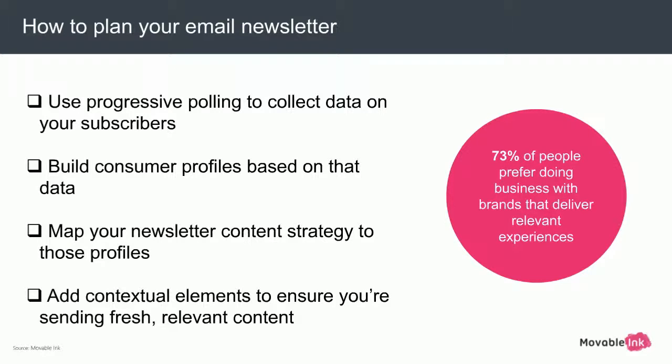And then also mapping your newsletter content to those profiles. So if they answer in a certain way, you're able to retarget them, again, using the same dynamic snippet of code, but we're doing all the targeting on our end. Along with that, you want to be using optimization, automation, as well as personalization.